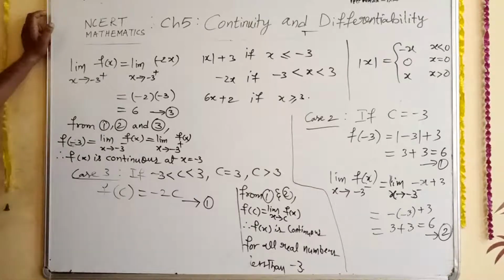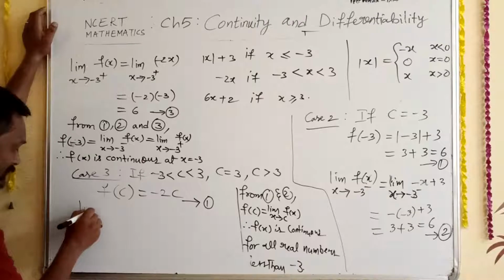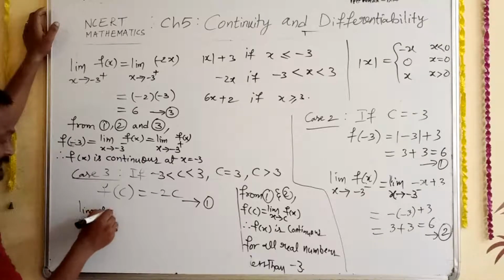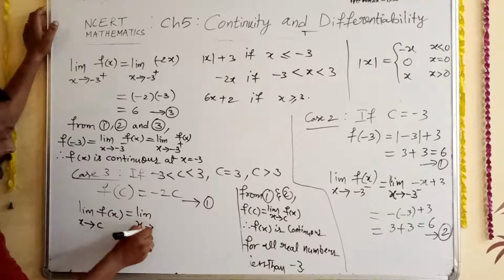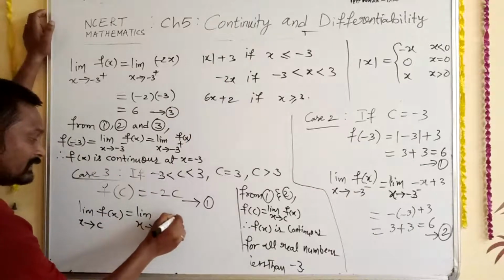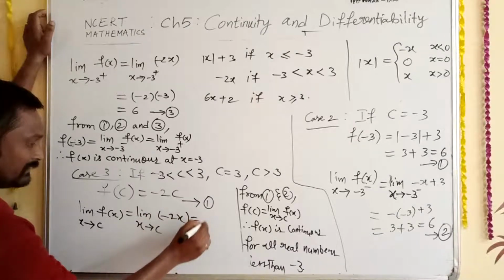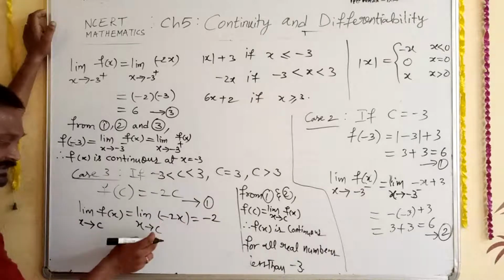After that, what do you need to do? The second one: limit x tends to c f of x is equal to limit x tends to c of minus 2x. That is equal to minus 2, and when you remove the limit, wherever x is there, substitute c.